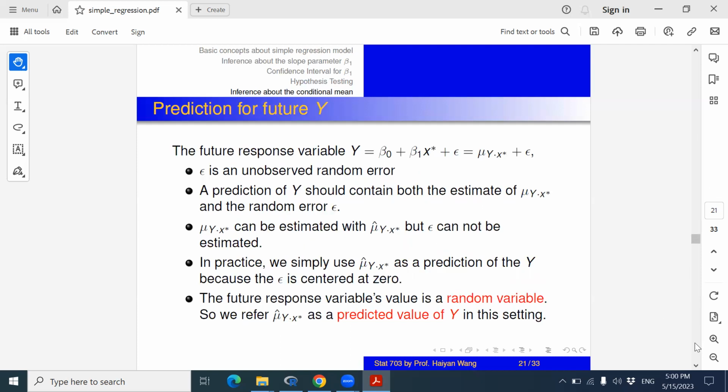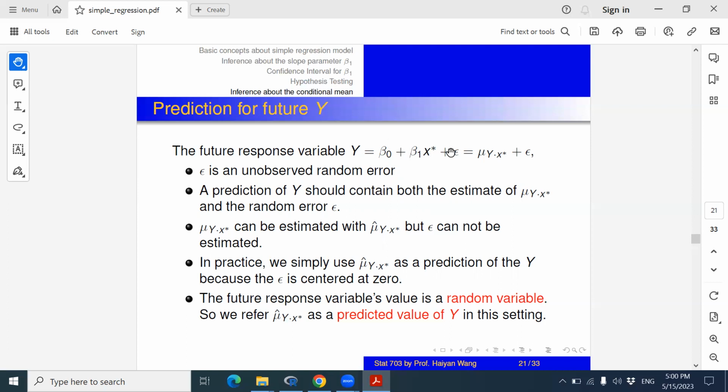The next thing is about the prediction of a future y. For prediction, the future y would include both the mean part, beta 0 plus beta 1 x, and then plus the error part. This error cannot be avoided. It's always part of this future observation y.